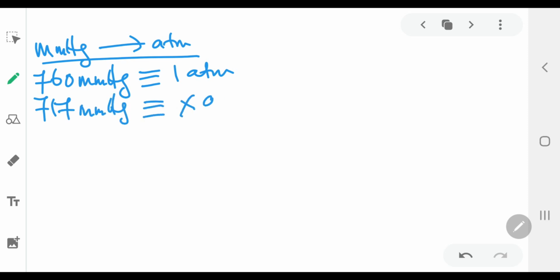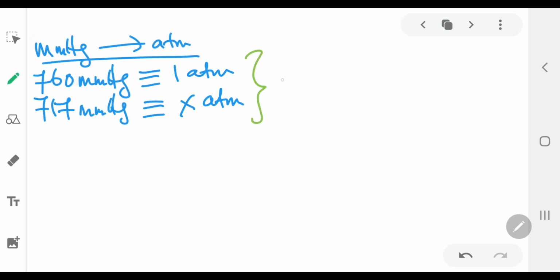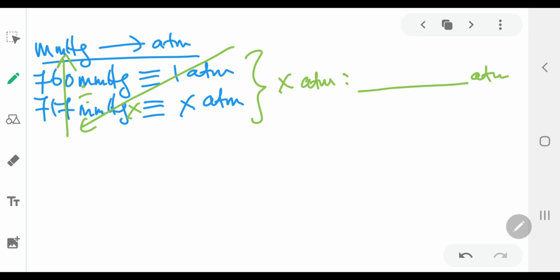We want to know how much is that in terms of atmospheric pressure. So X ATM is how much? Remember, go across here, you multiply, and then you divide, and you should be getting a number around 0.9432 atmospheric pressure.